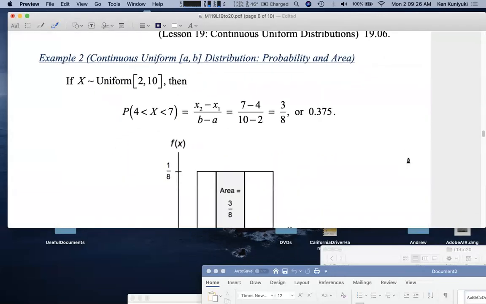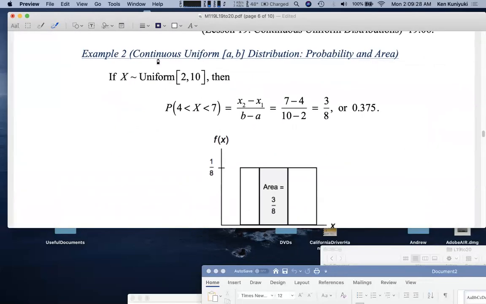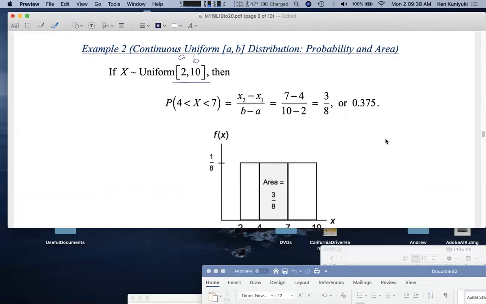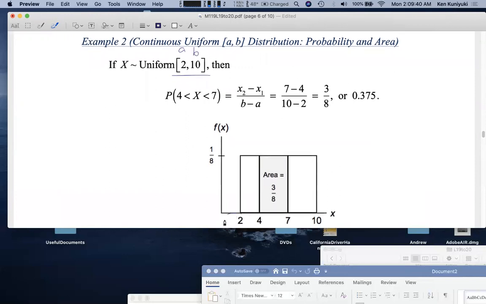So let's say that we have a continuous uniform distribution on this interval from 2 to 10. So A is 2 and B is 10. These are the endpoints of our larger interval, 2 here and 10 here. First of all, I'd like to go to Excel and show you how we can generate some random variables with this distribution.